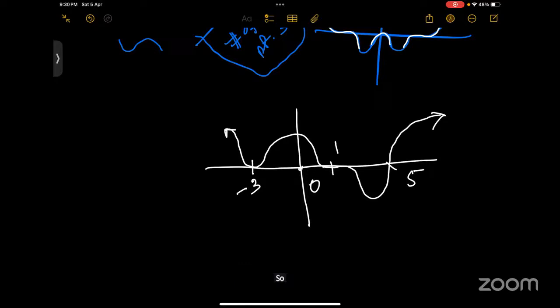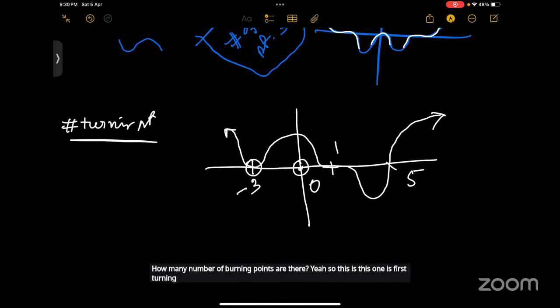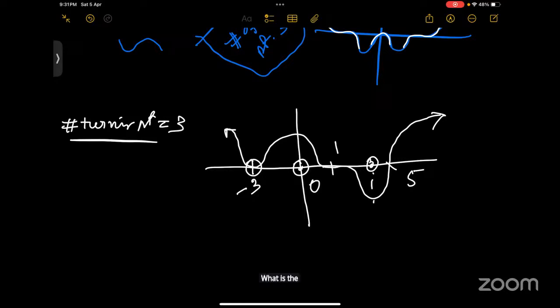How many turning points are there? 3, ma'am. So this one is the first turning point, this one is the second, and this one is the third turning point, right? So 3 turning points are there. What is the minimum possible degree of the graph?